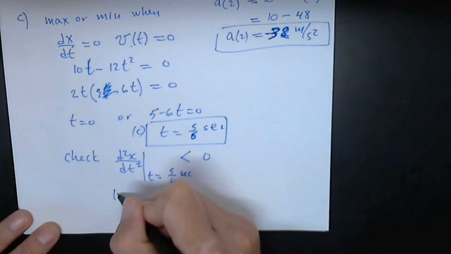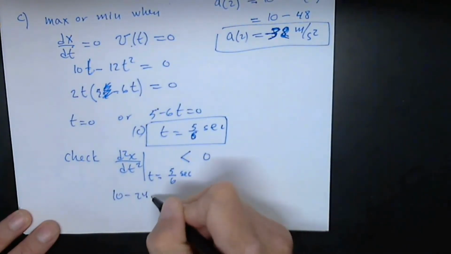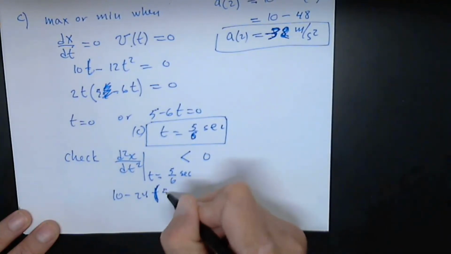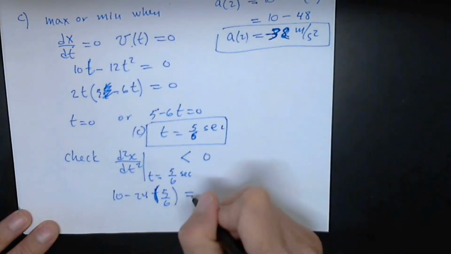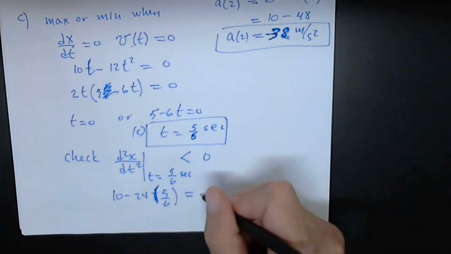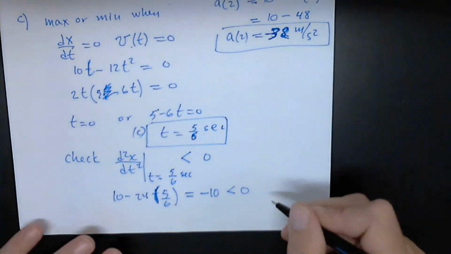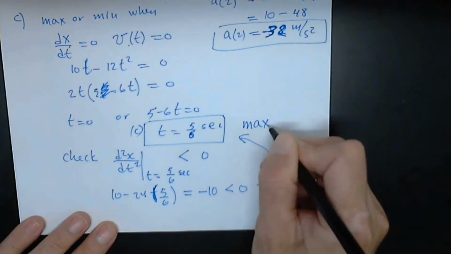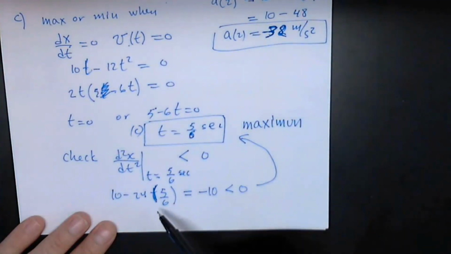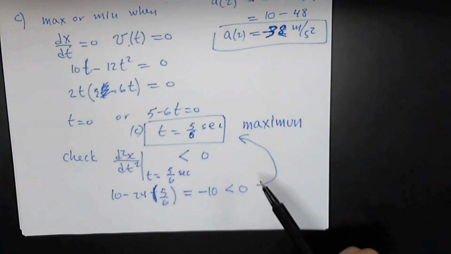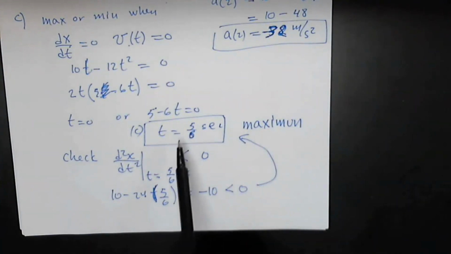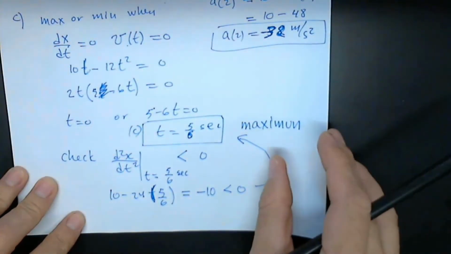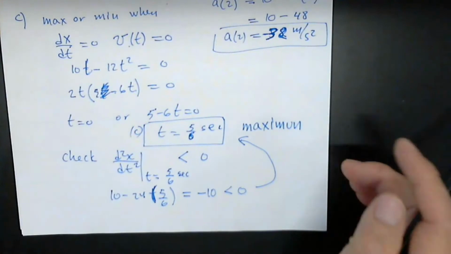So this is 10 minus 24t, and at t equals 5 over 6, that gives negative 10. So this is a maximum. If the second derivative is positive, then at that time a minimum is occurring.